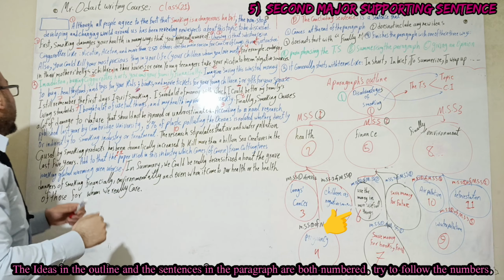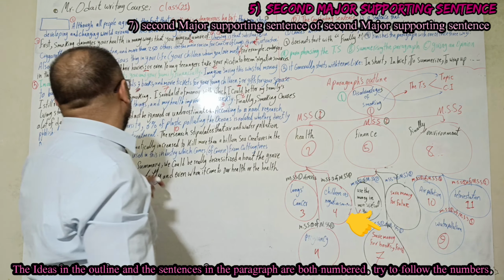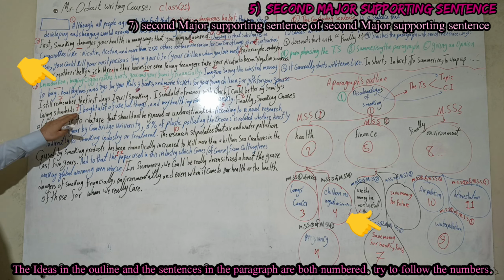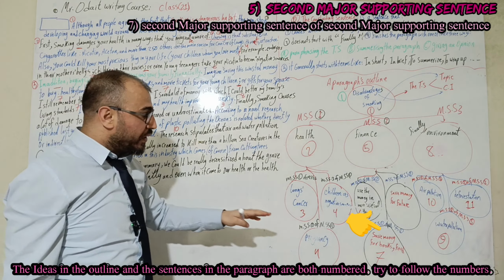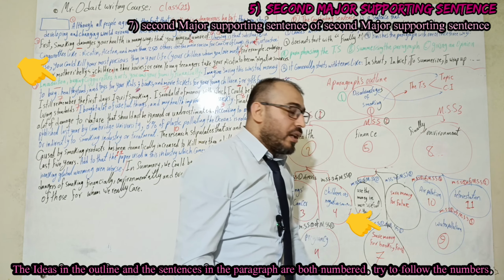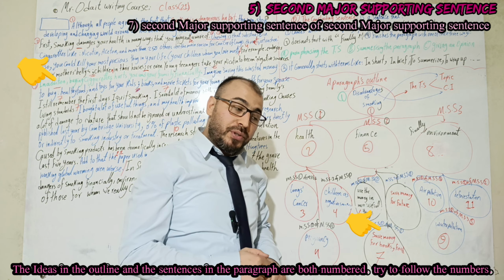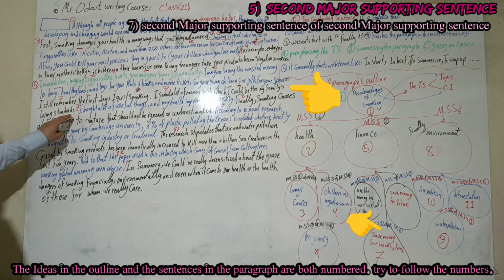We call it a sub-list. In here, number 7, we have one point, as you see, my friends, here. Number 7, I have more than one sentence. I still remember the first day I quit smoking. In here, my friends, I would like to explain this minor supporting sentence through a personal experience. Let's continue.